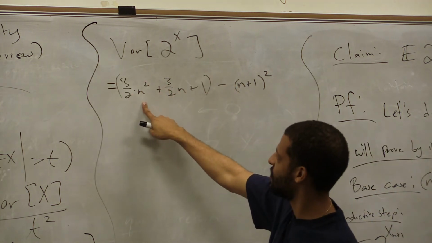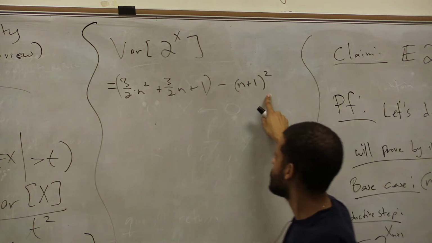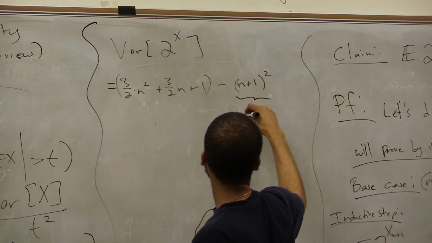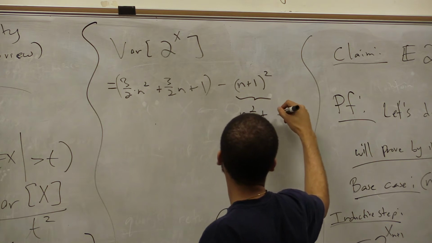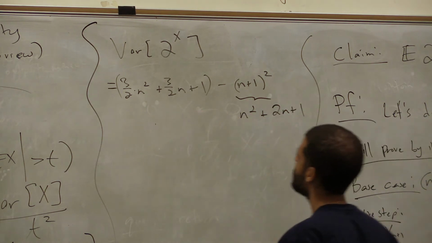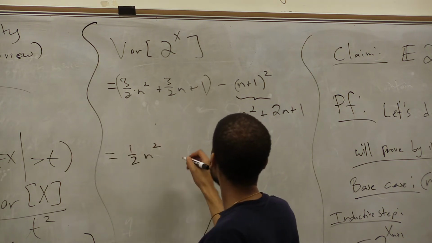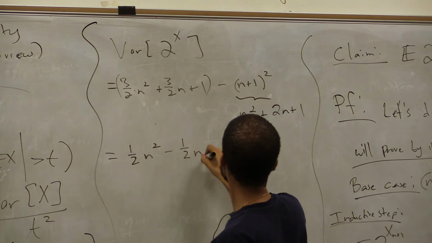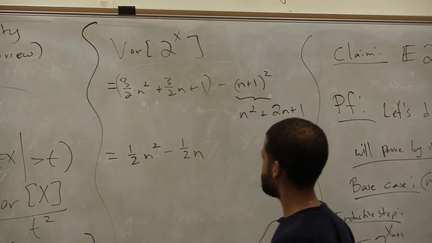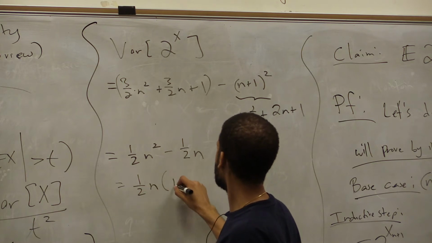This is the expectation of y squared, and this is the square of the expectation of y. So this here is the same thing as n squared plus 2n plus 1. So if I subtract this from that, at the end of the day, what I get is 1/2 n squared minus 1/2 n, and that's it. So this is equal to 1/2 n minus 1.